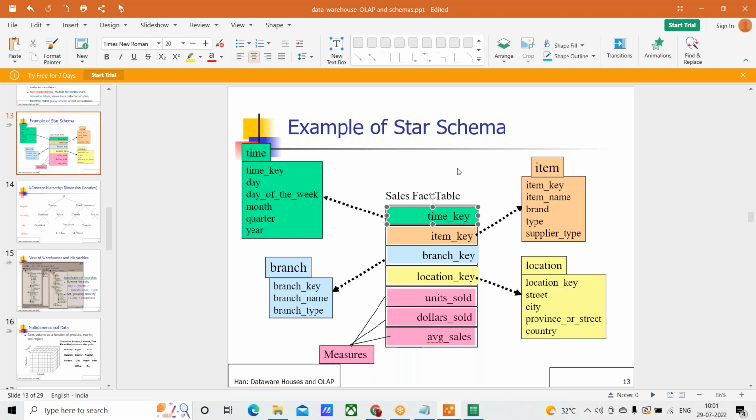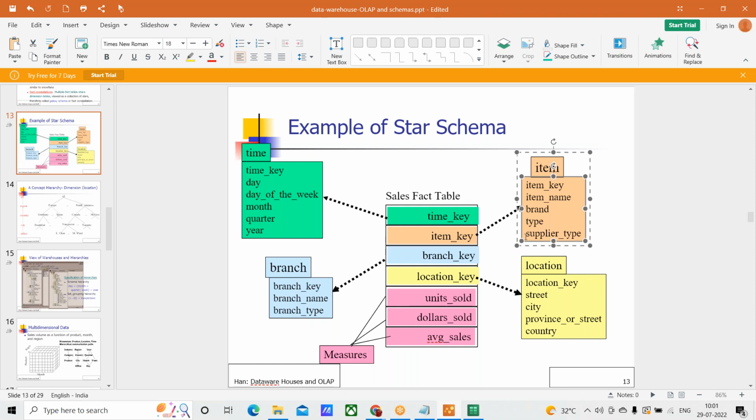But supplier is providing which items? Then you also end up joining with the item table, the item dimension. So instead of item, you can have a supplier ID and then again item key, item number.